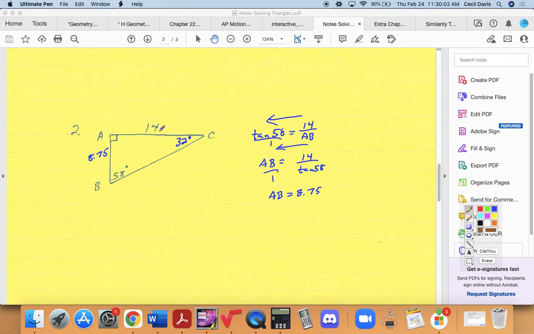This is the opposite. I'm going to use sine. Sine of 58 is 14 over BC. Doing the same sort of thing I did just a second ago, BC over 1 is 14 over the sine of 58.